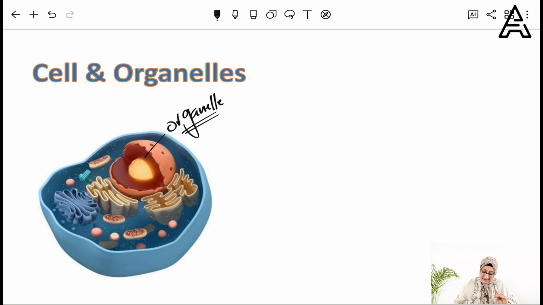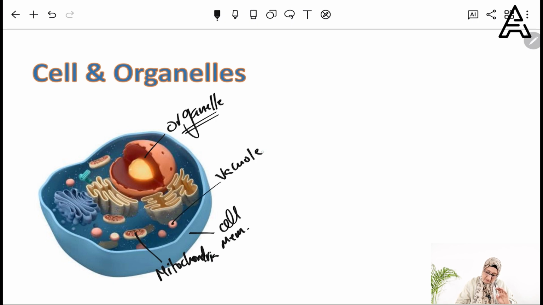So this is the nucleus, this is the cell membrane, this is the mitochondria, this is the vacuole, this is the ribosome, and the rest is not in your syllabus much. Okay, this is the cytoplasm.